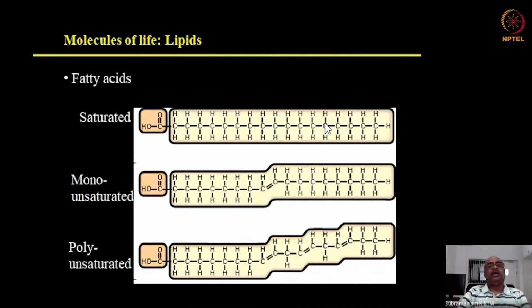And if you have a double bond in the chain, that is a degree of unsaturation, like one bond is unsaturated, we call this a monounsaturated fatty acid, and polyunsaturated when you have multiples of them.